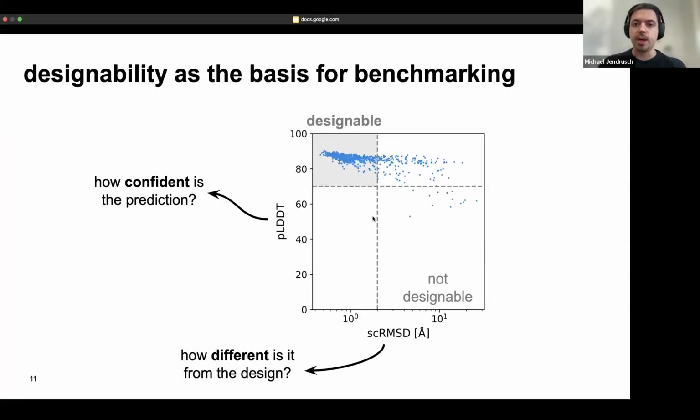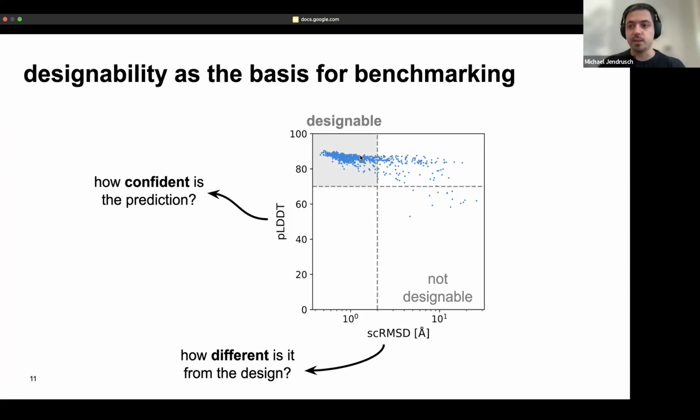And as a second thing, we look at consistency between the predicted structure and the input design, which we do by computing the RMSD, the root mean square deviation, between the two structures. And we call this self-consistency RMSD, scRMSD. And for ESMFold and for AlphaFold, there are thresholds for both of these that tell us, okay, everything that falls within those thresholds we call designable.